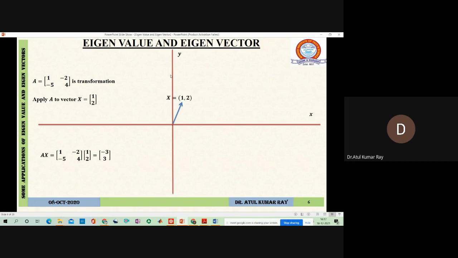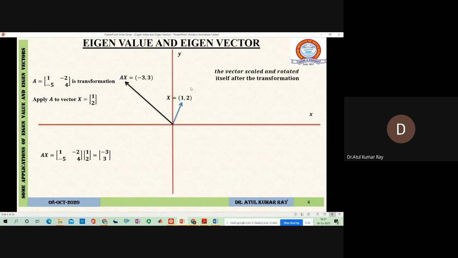But after the transformation, this point reaches minus 3, 3. So this time it is not simply scaled. You cannot express Ax equal to some lambda times x because this is not a scaled x. This transformation didn't just scale x. This transformation has rotated x. Yes, it is scaled, but rotated as well.